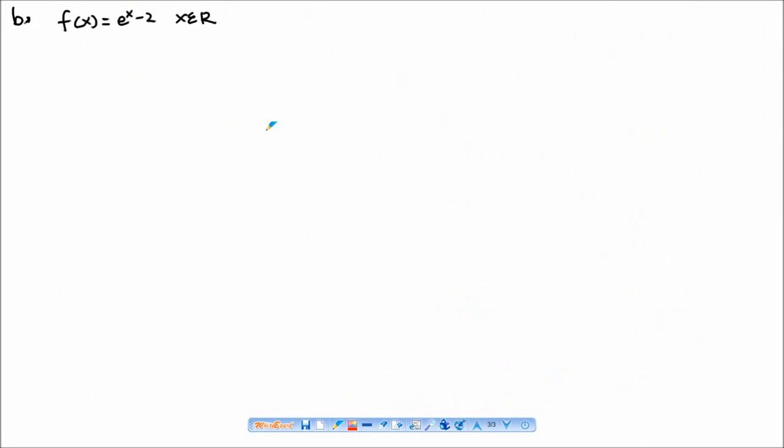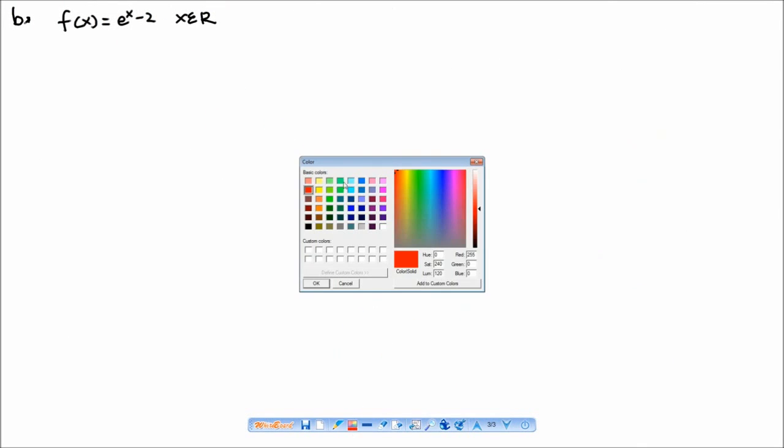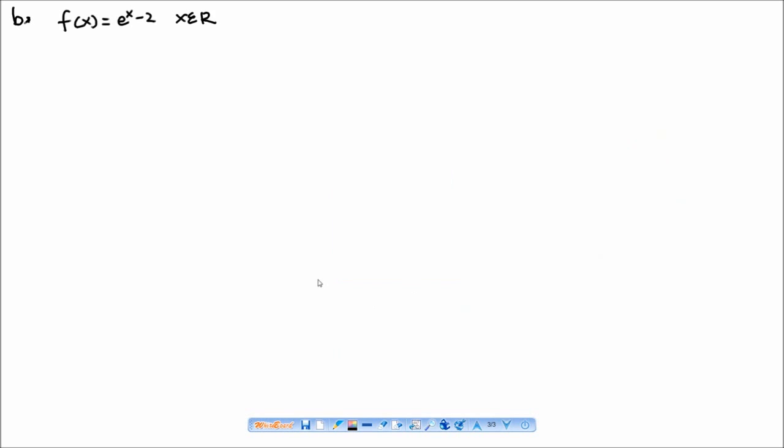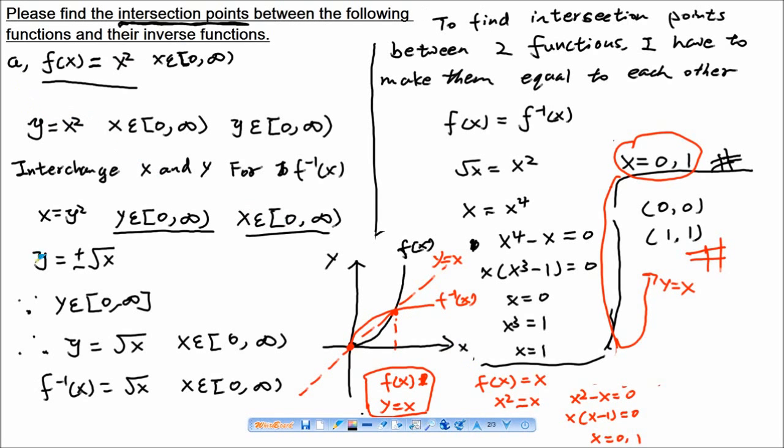Okay, now let's look at question B. This is for finding the intersection points. Follow the steps here.